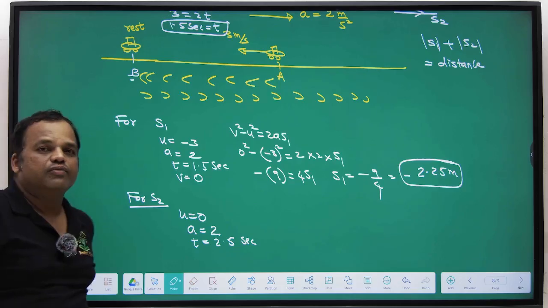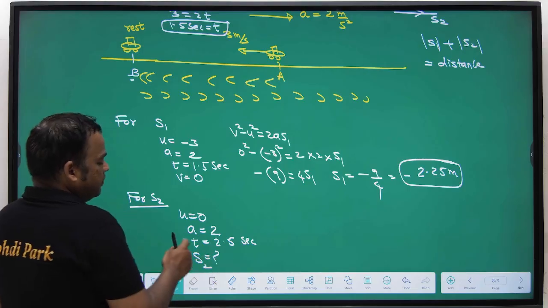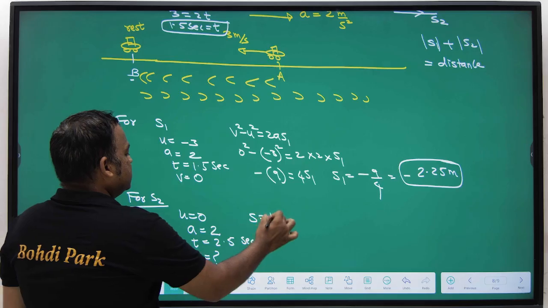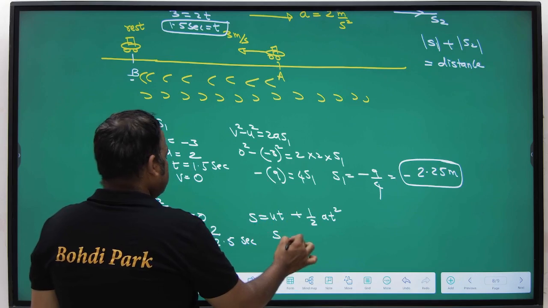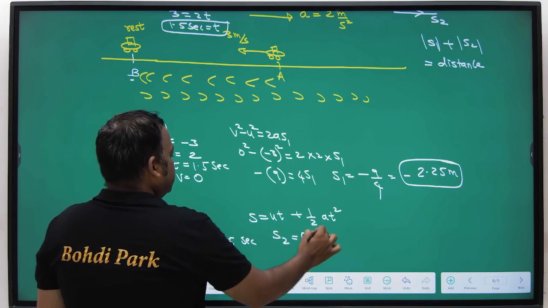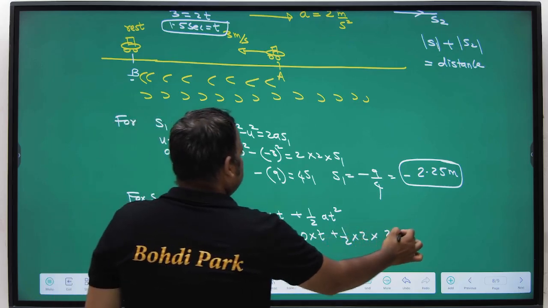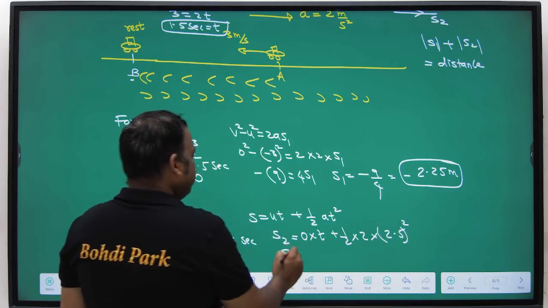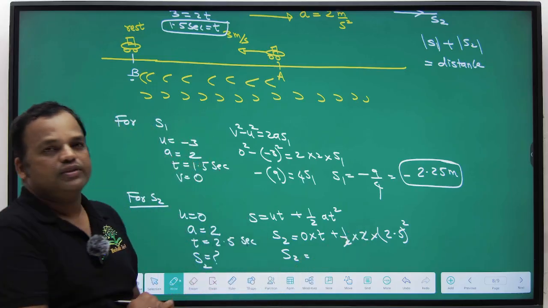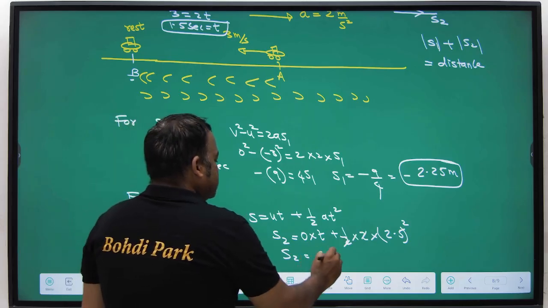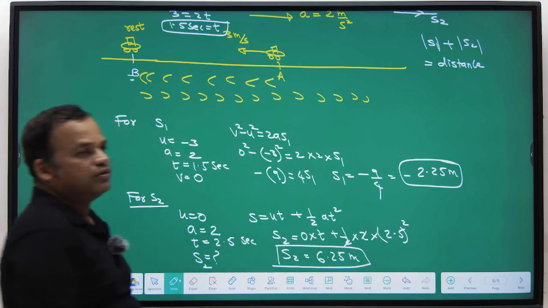Now how to find displacement S2? So we will use s is equal to ut plus half at square. So S2 is equal to u into t plus half a, which is 2, time is 2.5. So the 2s cancel, then 2.5 square, which is 6.25 meter. So S2 we got 6.25 meter.